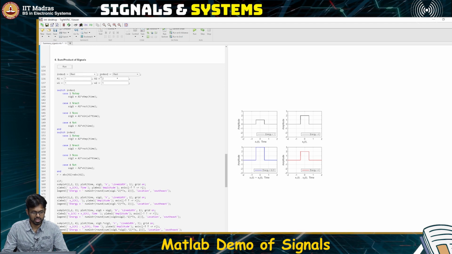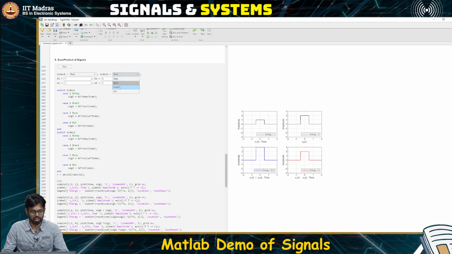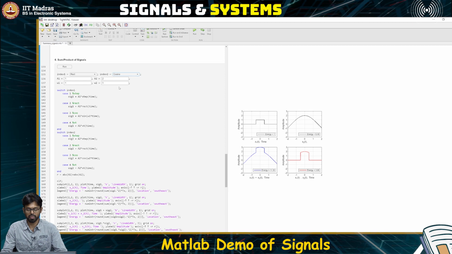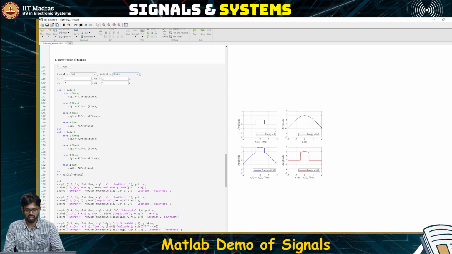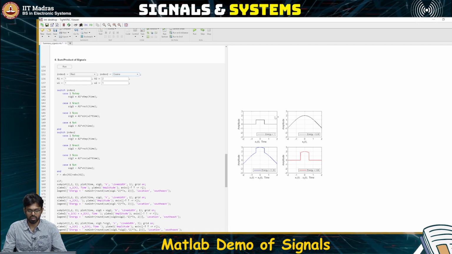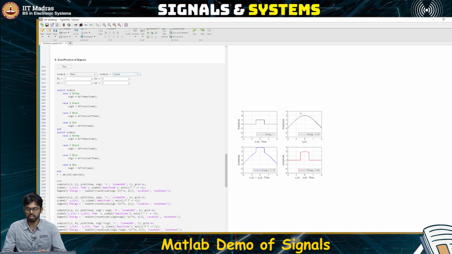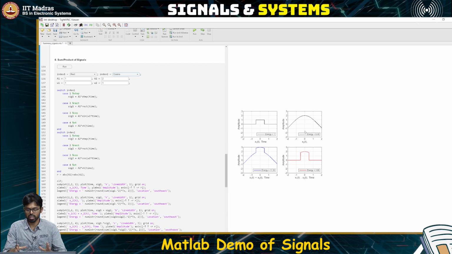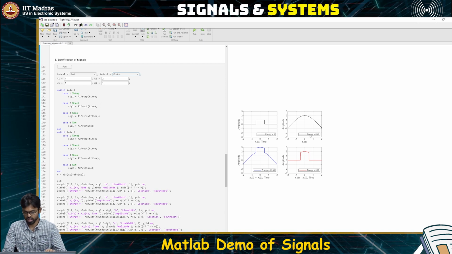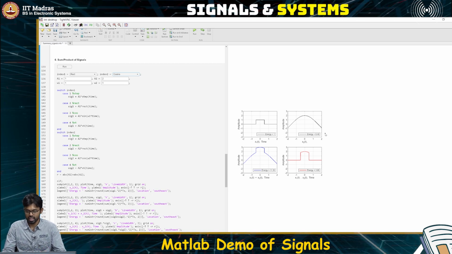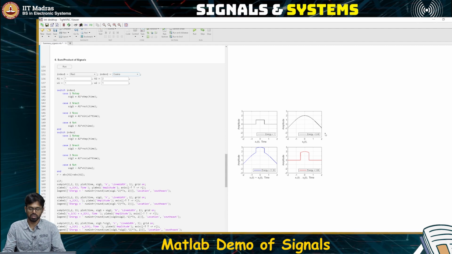Now let us change this to, let us say, a rectangular and a cosine signal. Now this is interesting, right? So you have a rectangular signal and a cosine signal, but once again the cosine signal has infinite energy, but we are plotting it only in the finite time duration. So the energy number denoted here is for this finite duration, but actually it is of infinite energy.